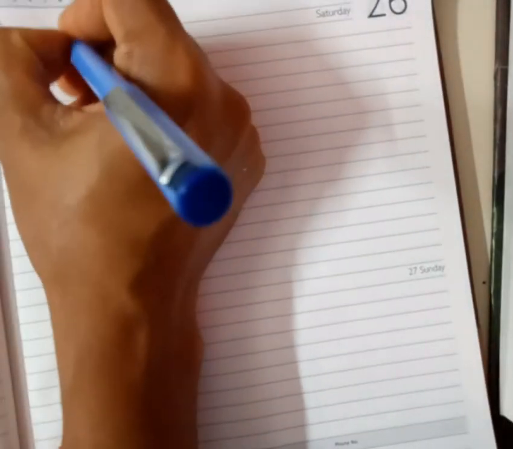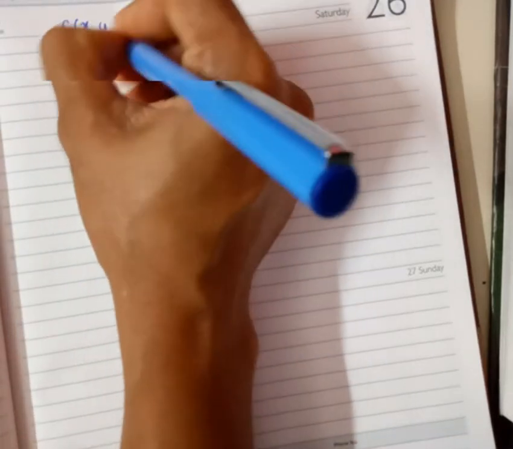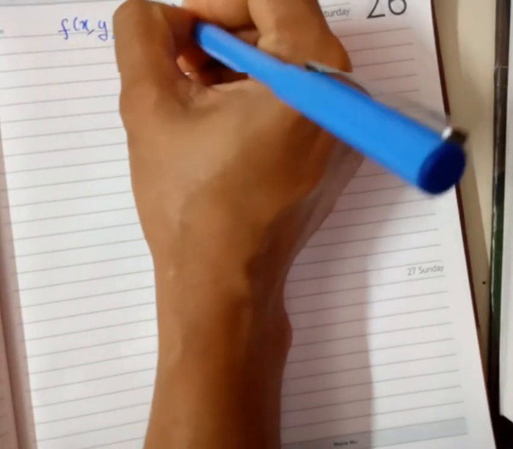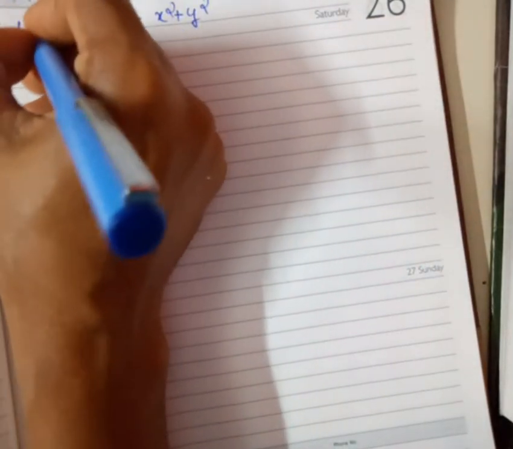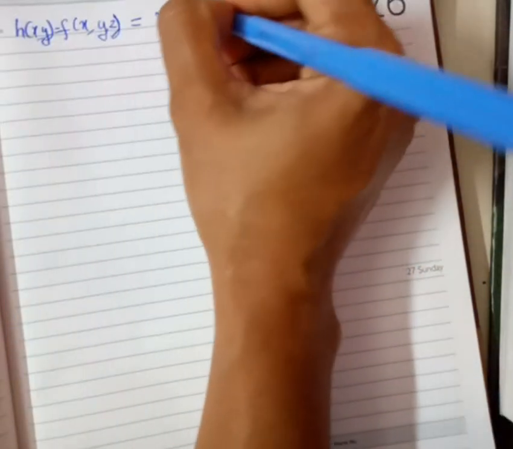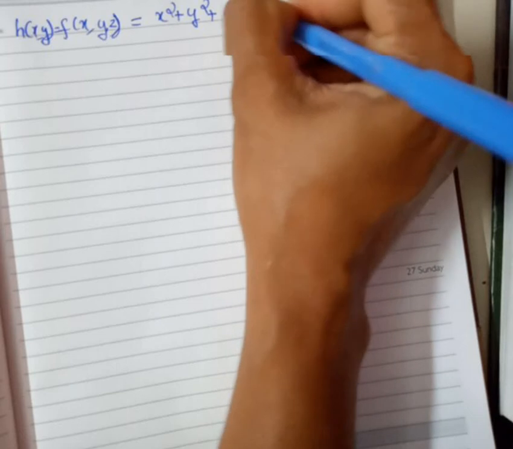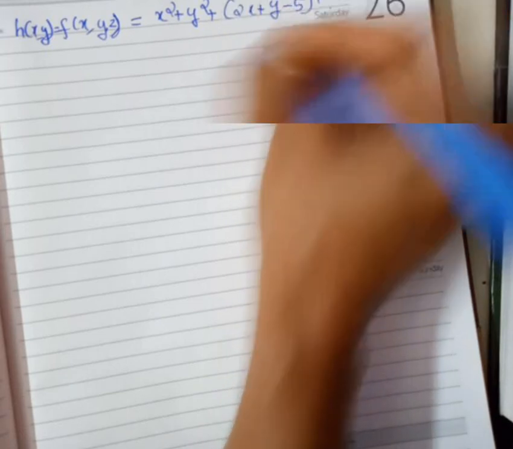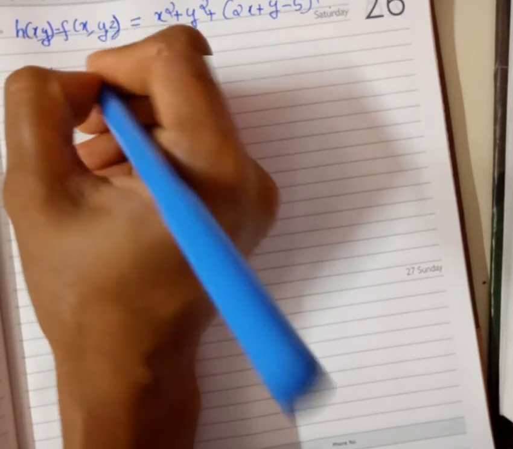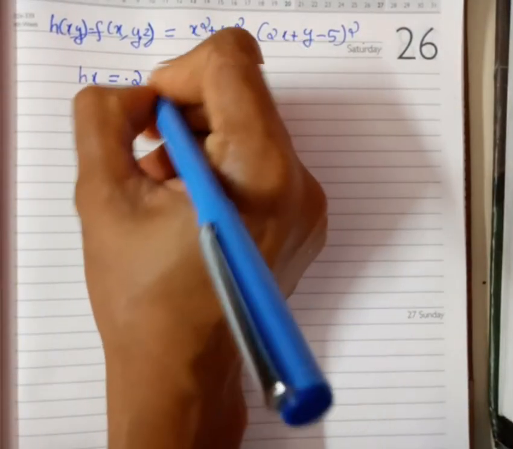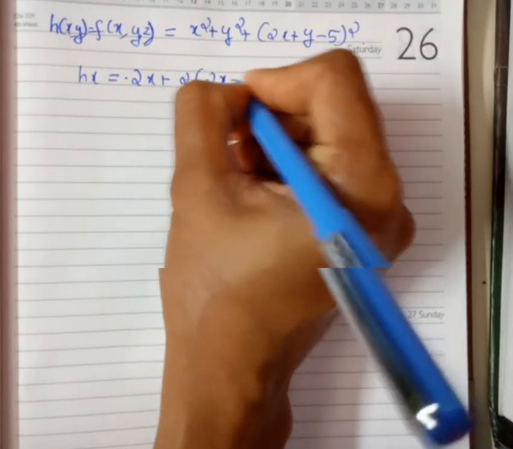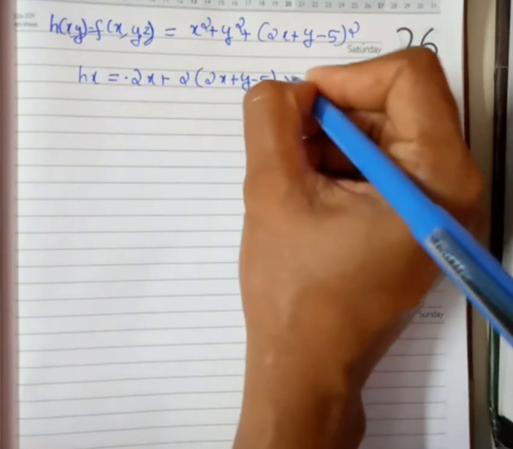So what was that function? Not f of x, y. This is h of x, y equal to x squared plus y squared plus (2x + y - 5) whole squared. So what will be hx? hx equal to 2x plus 2 into (2x + y - 5) into 2.